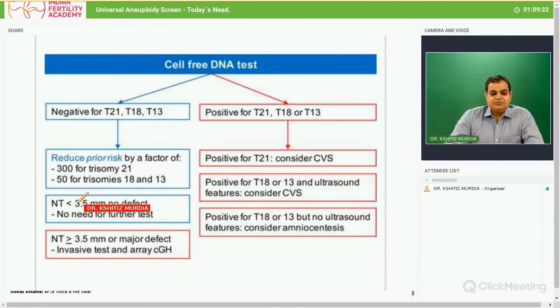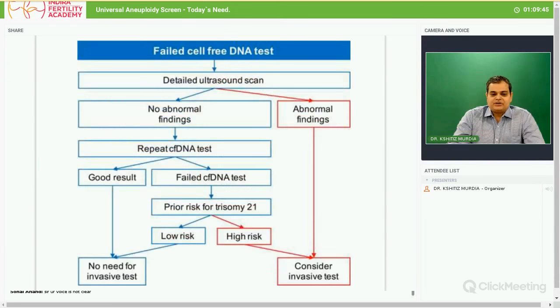If the NT is less than 3.5 and you have done NIPT, then there is no need of further testing. If NT is more than 3.5 or the baby is carrying any major structural anomaly, even if you have done NIPT and it's low risk, still go ahead with the invasive testing or the CGS micro.